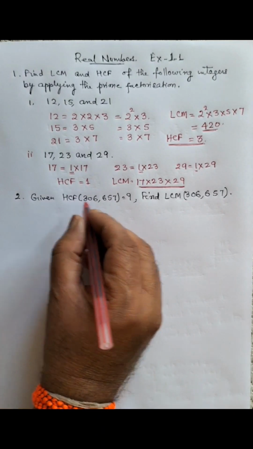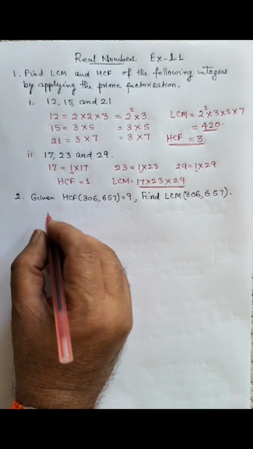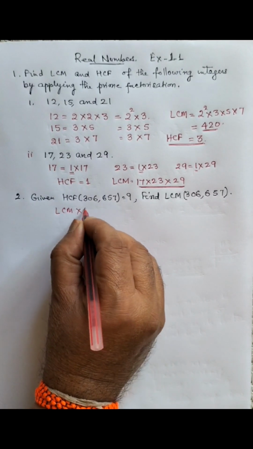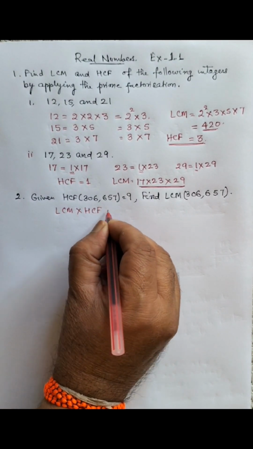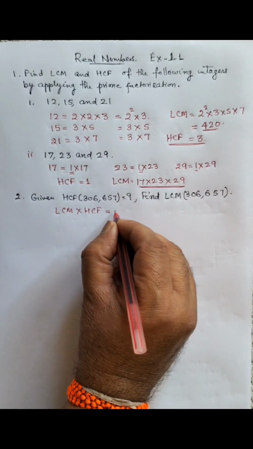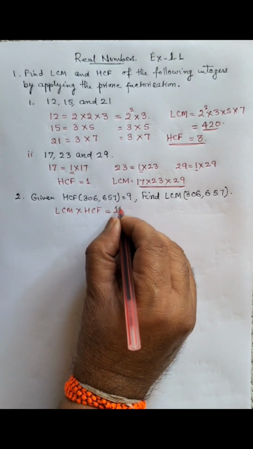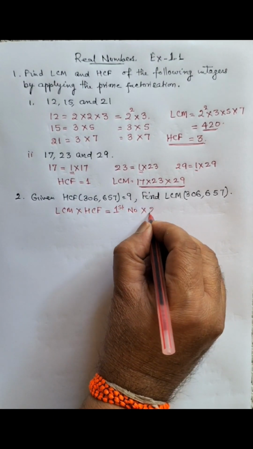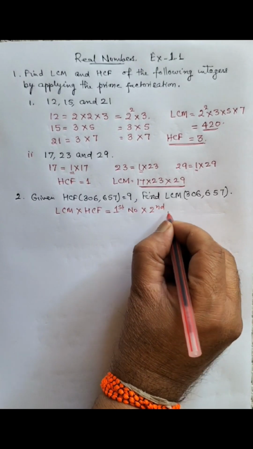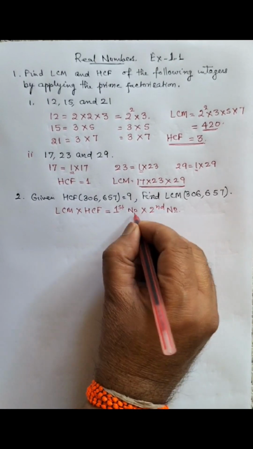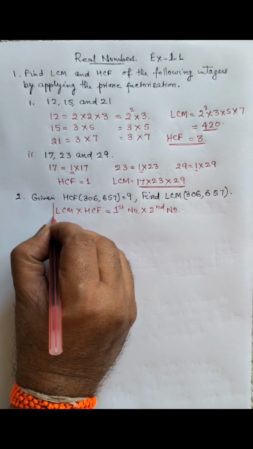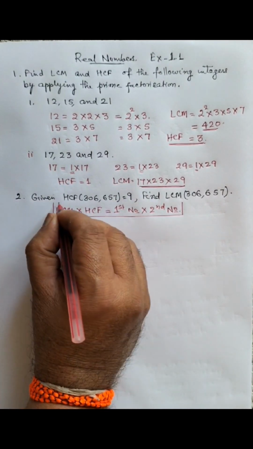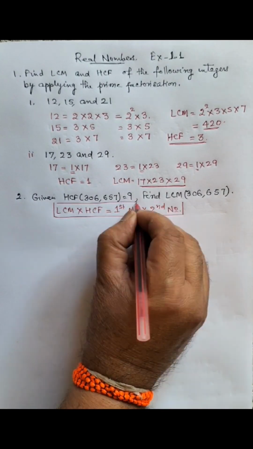So the relation between HCF and LCM: LCM multiplied by HCF is equal to first number times second number. That is the product of the two numbers. This property will be of use here.